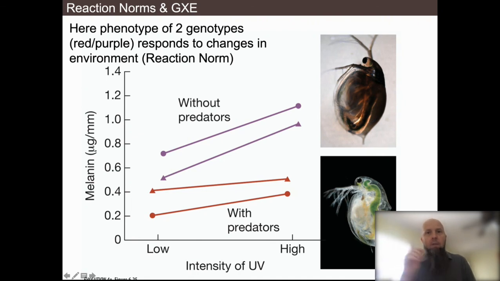Now, the fact that the purple lines and the red lines have different slope is illustrating a separate principle entirely, and that is a reaction norm, or a norm of reaction.